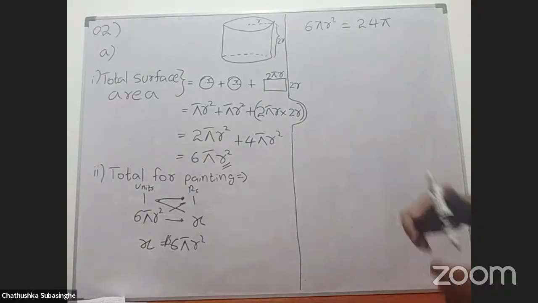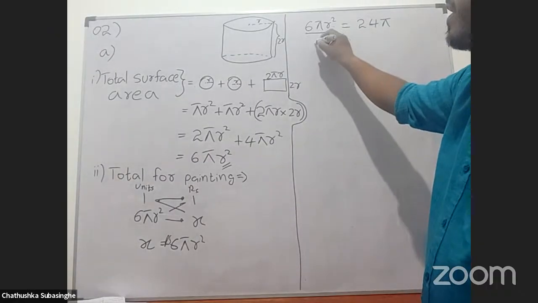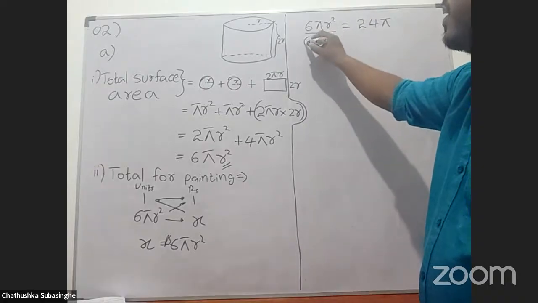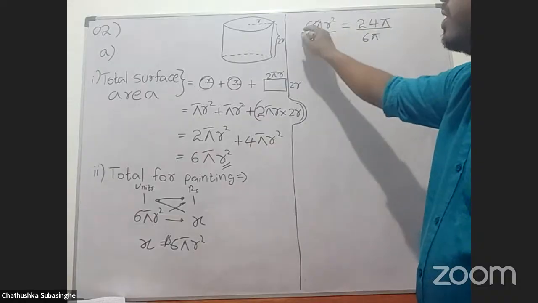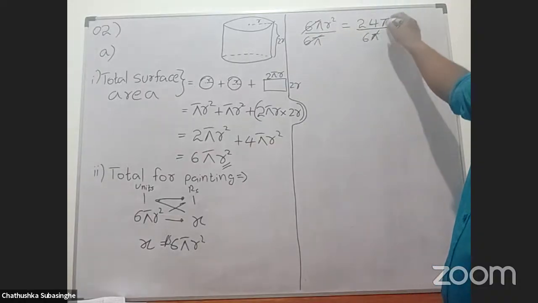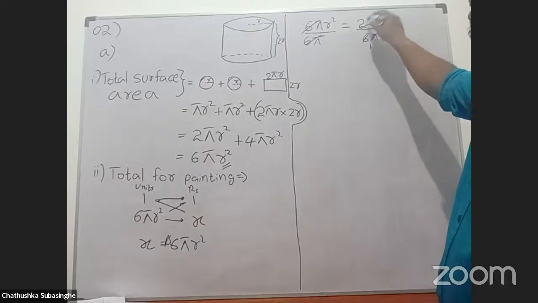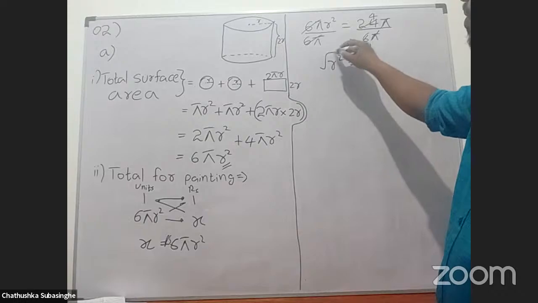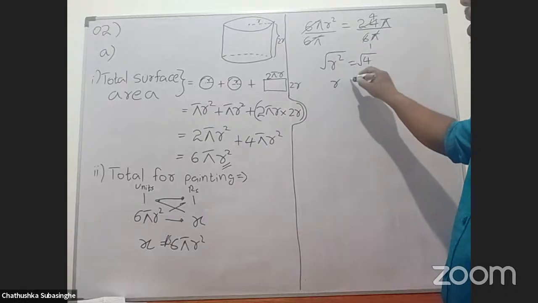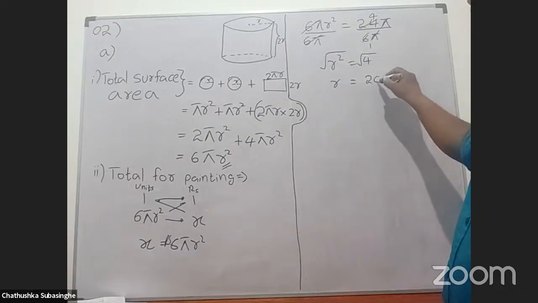Now what I have to do is divide by 6 pi. On this side, 6 pi and 6 pi get cancelled off, pi and pi get cancelled off. 6 times 1, 6 times 4. Now r squared equals 4. Take the square root, r equals 2 centimeters.